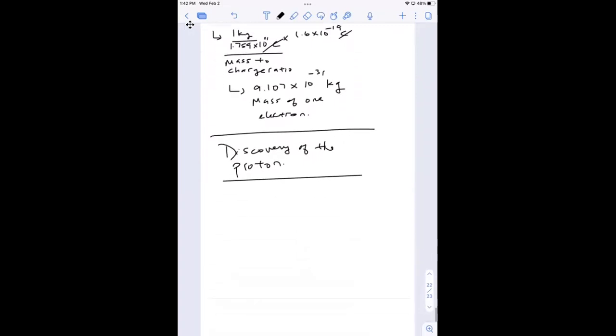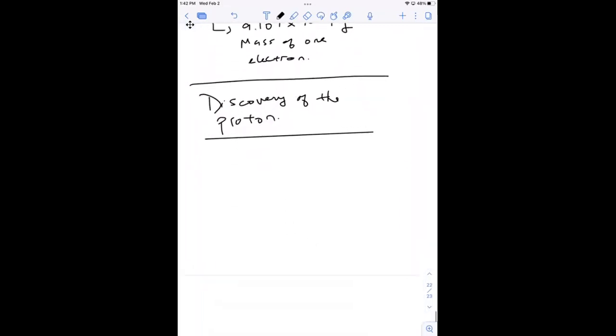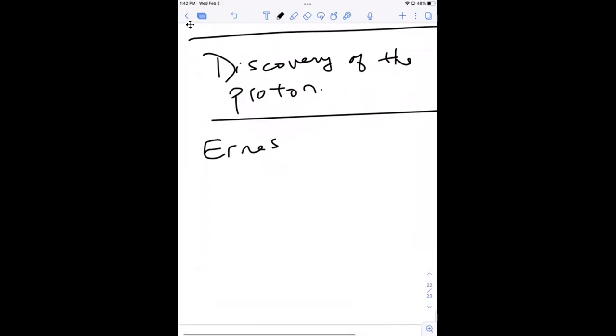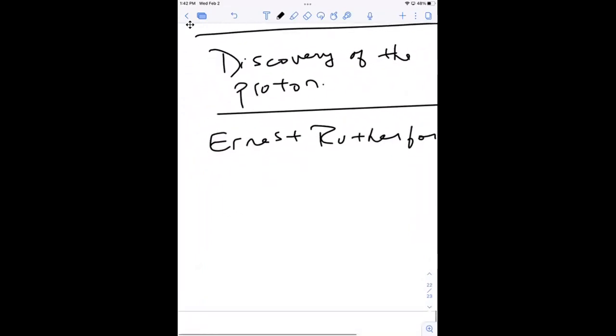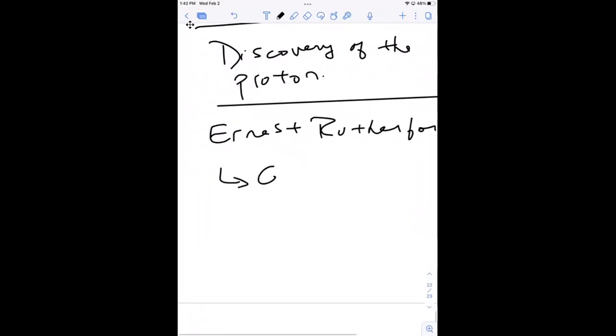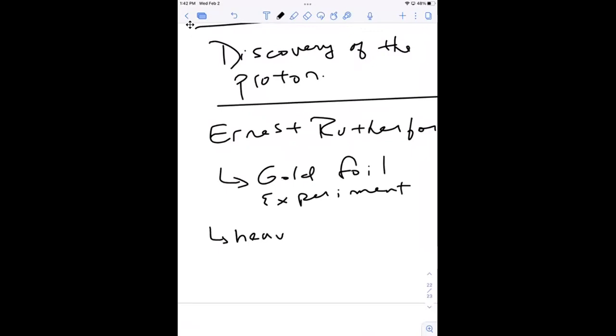So let's talk about the proton, and let's talk about Ernest Rutherford. All right, so Rutherford did this gold foil experiment, right? And without all the gory details of it, because I'm going to show you the experiment in a second, what he found out was that there is a particle in the nucleus of an atom that's really heavy and positively charged.